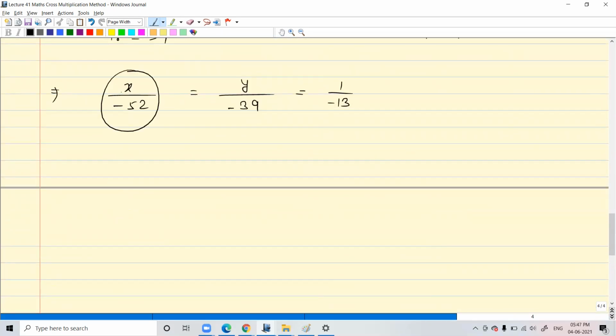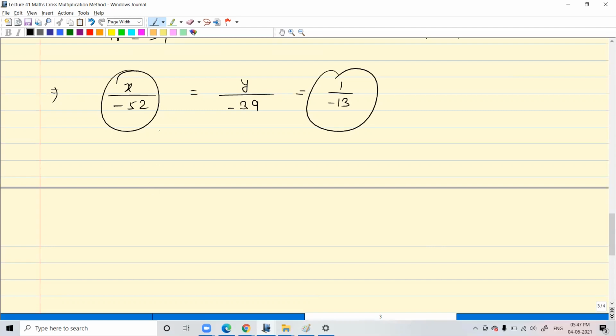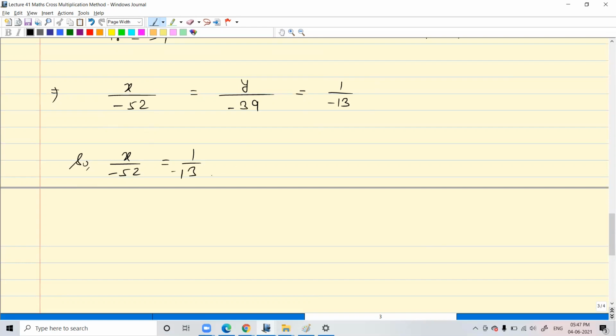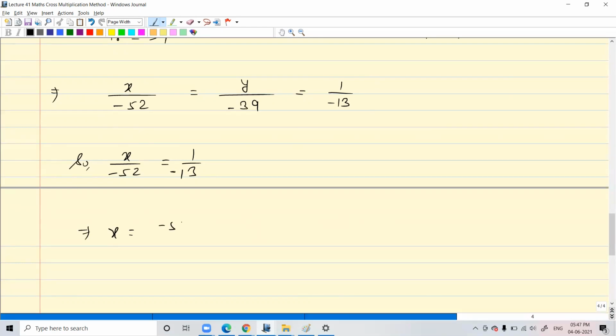So what I will do, take these two to find the value of x. So we'll say, x by minus 52 is equal to 1 by minus 13, implies that x is equal to, so minus and minus will get cancelled, and 13 ones are 13 fours are, so you can see very easily it's equal to 4 here.